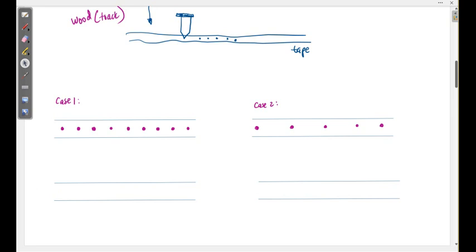Okay, let's say it starts off with, and then we'll have the following. Right, this is case 3, and then this is case 4.